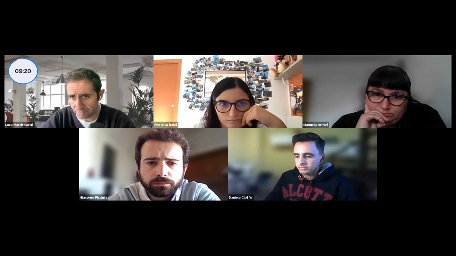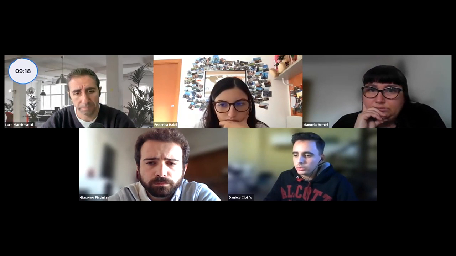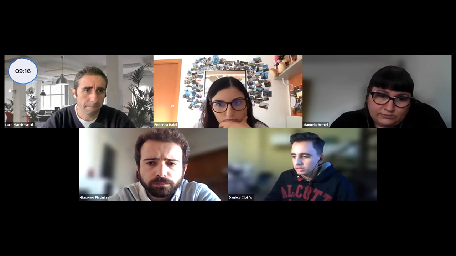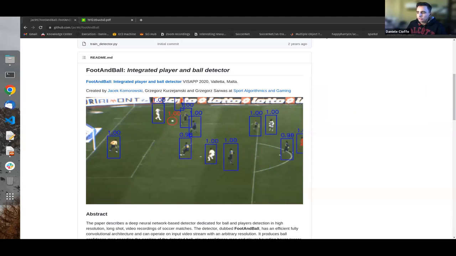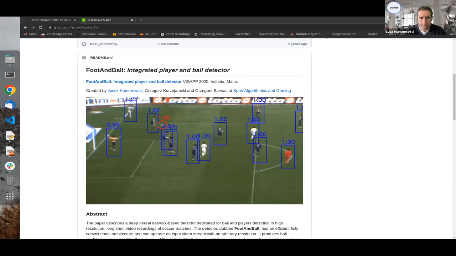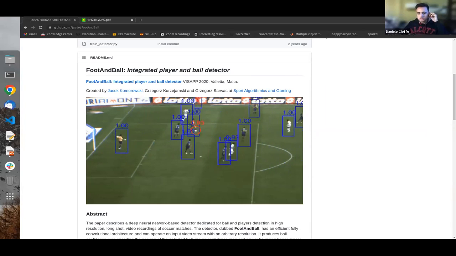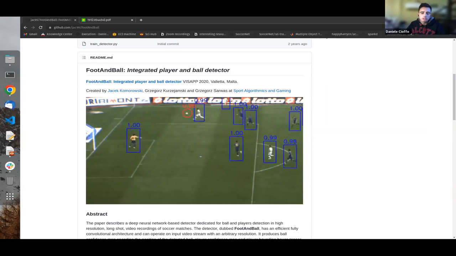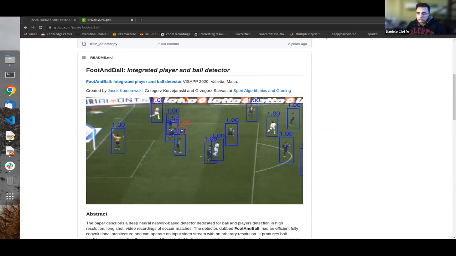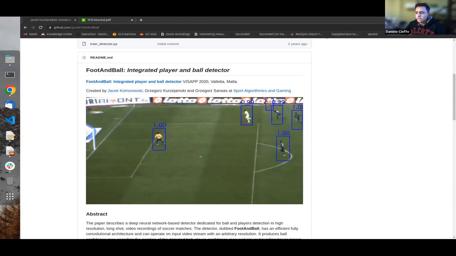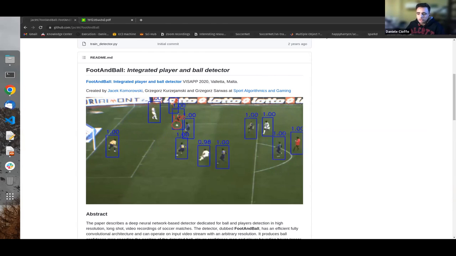Please, Daniele, go ahead. Yes, I will share my screen. Okay, you should see now. Okay, so why this paper? This paper describes a detector for ball and players detection in high resolution long shot video.